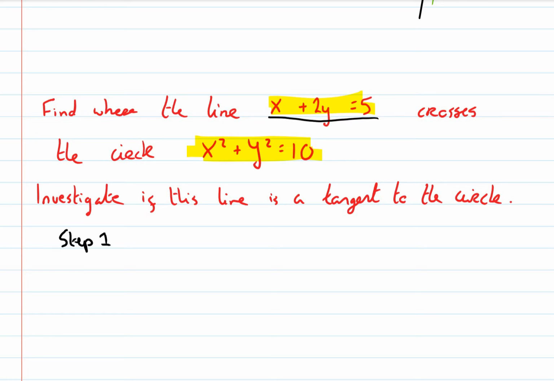Or I could write y in terms of x. So what I mean by this is I'll write down the equation and then I'll say x equals 5 minus 2y. So that's just saying x is the same as 5 minus 2y.